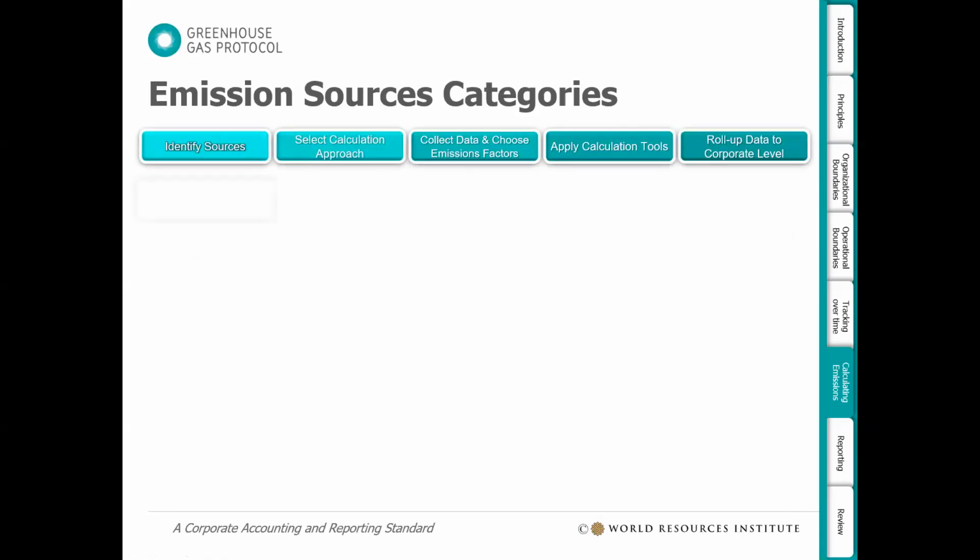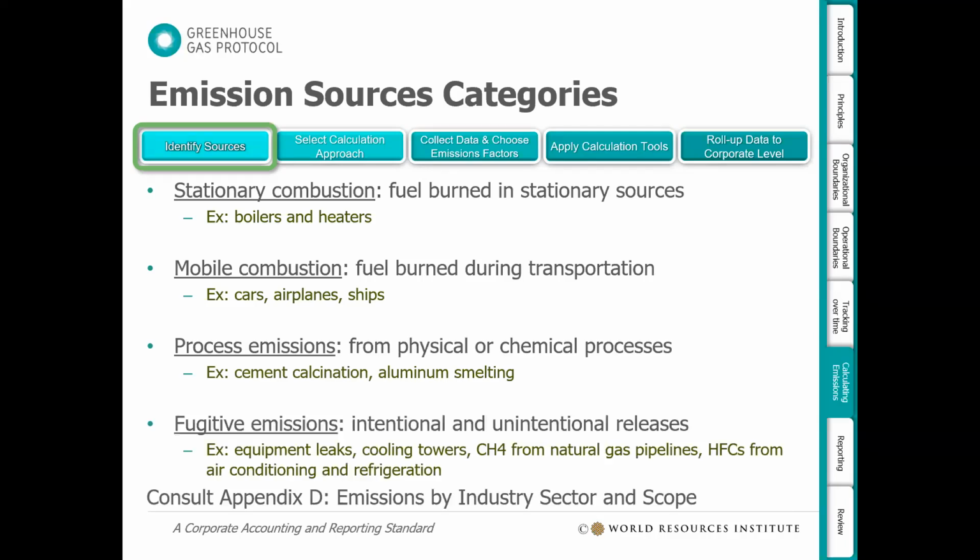Now, we touched on these sources on day one. There are four major types of emission sources, which differ in the types of greenhouse gases emitted, as well as the accuracy with which those emissions can be calculated. Stationary combustion sources combust fuel in stationary sources, such as boilers and heaters. Mobile combustion sources are simply transportation vehicles or mobile machinery.